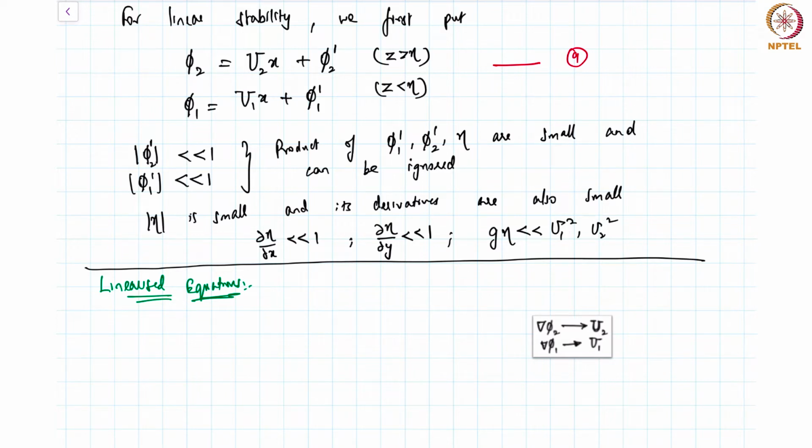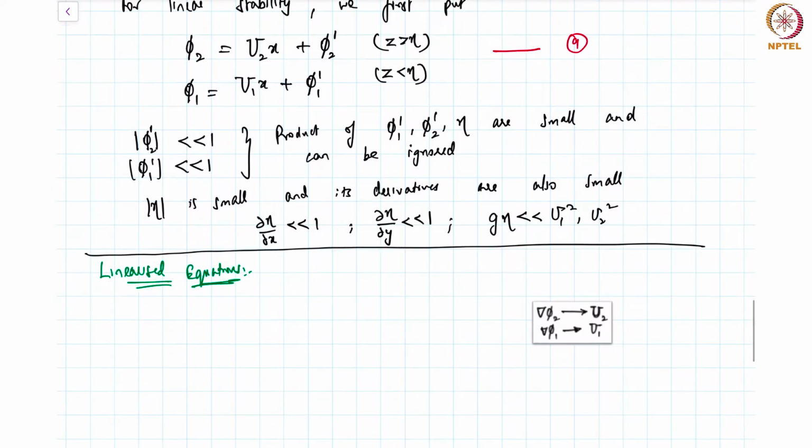So let's write down these perturbation quantities. If you say that del phi 2 is u2 for the total one, if you substitute equation 9 into this 5, this is basically what we had written down earlier. This was 5 from what we had done in the last lecture.